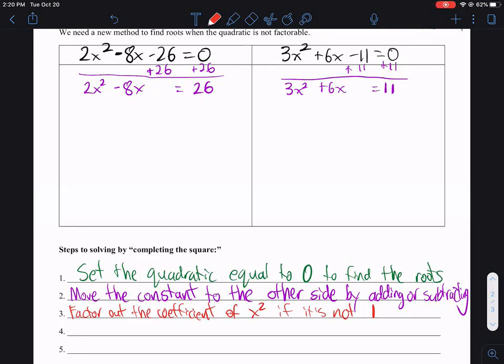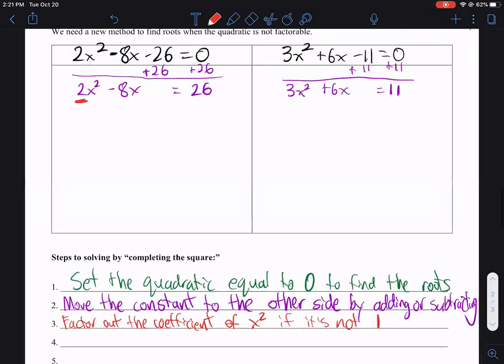Okay, so when we say factor out, that's going to be similar to the factoring by GCF, which we learned last unit. Okay, so for the left problem, again, you look for the x squared term. The coefficient on that x squared is a 2. Okay, so I'm going to factor a 2 out.